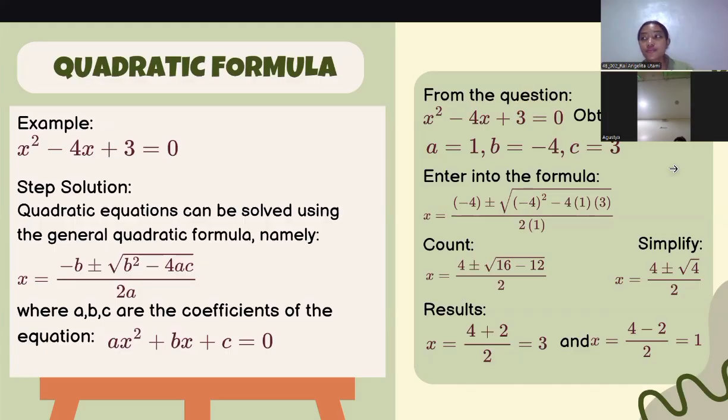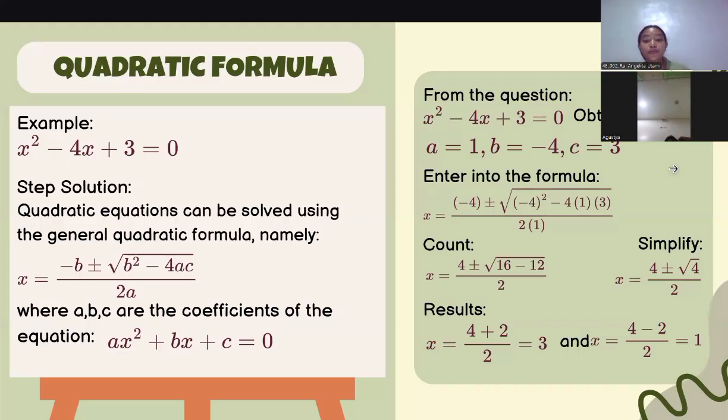First, we identify the coefficients a, b, and c from the standard form ax² + bx + c = 0. Let's consider the example x² − 4x + 3 = 0.